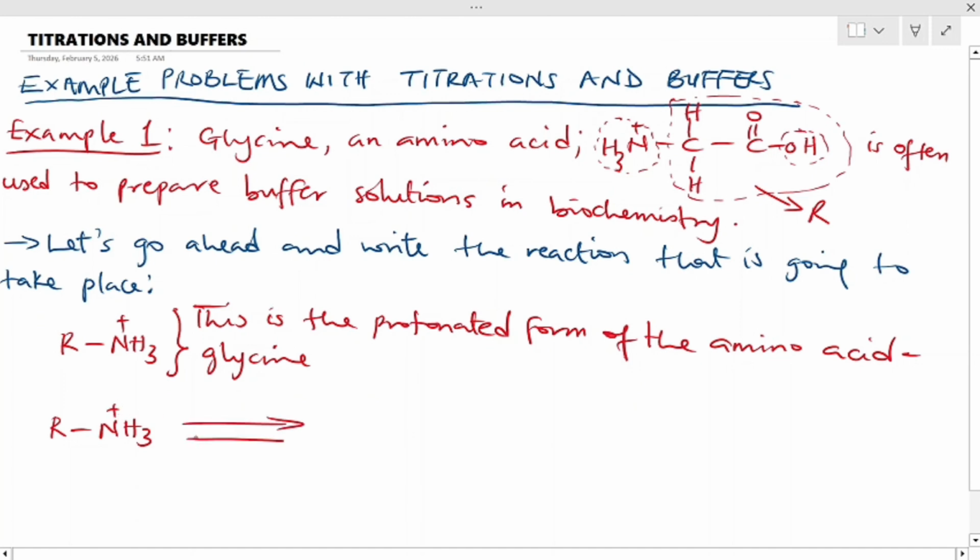If this undergoes a dissociation reaction, you have your H plus and your R-NH2. Right here is the acid, which is your glycine, and right here is what? The conjugate base.